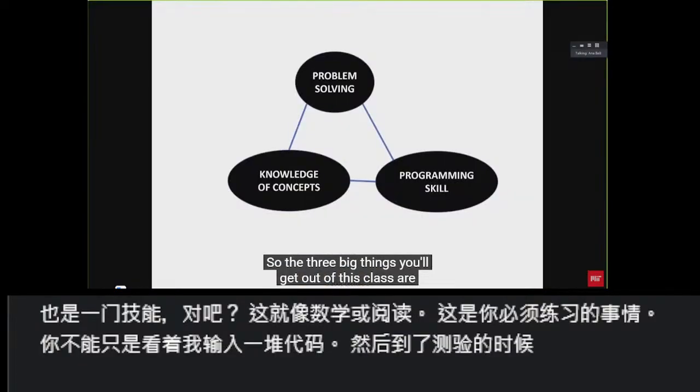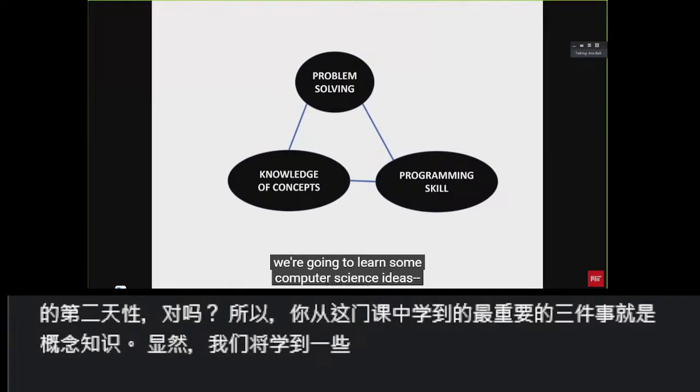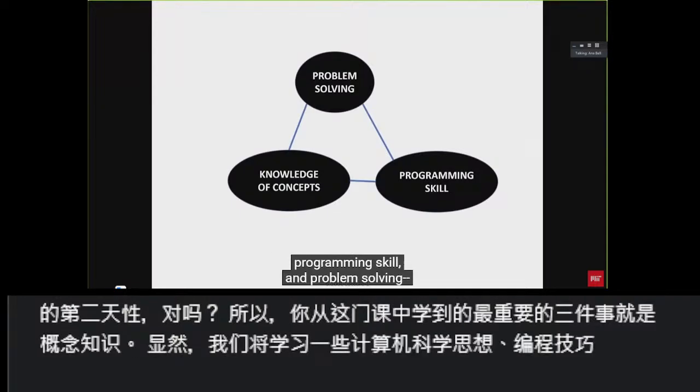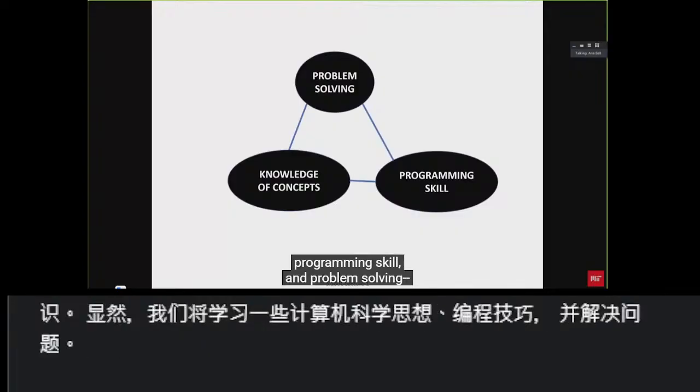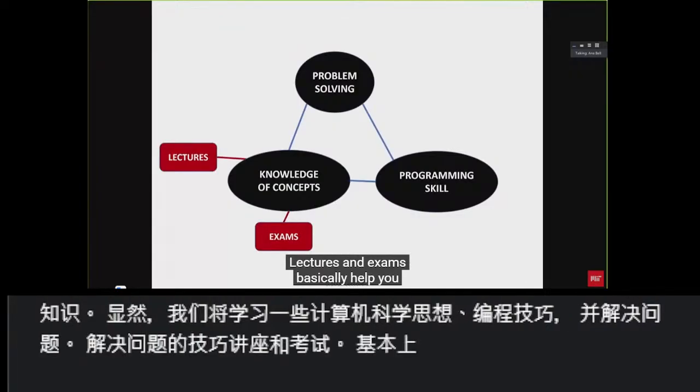So the three big things you'll get out of this class are knowledge of concepts. Obviously, we're going to learn some computer science ideas, programming skill, and problem solving skills. Lectures and exams basically help you with your knowledge of, test your knowledge of concepts and help you get knowledge of concepts.